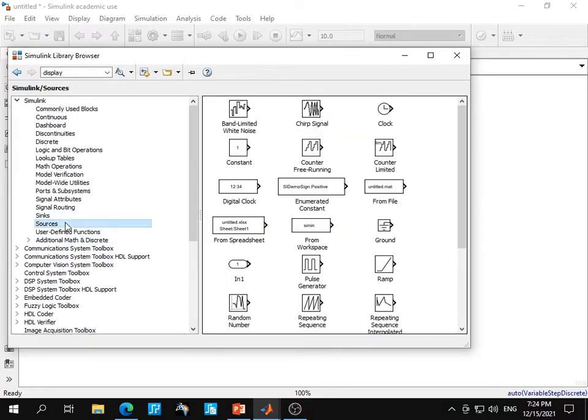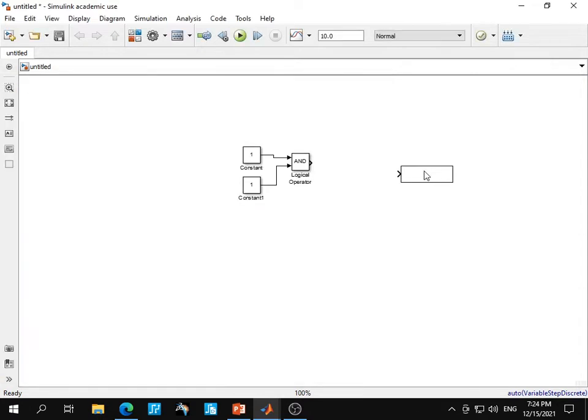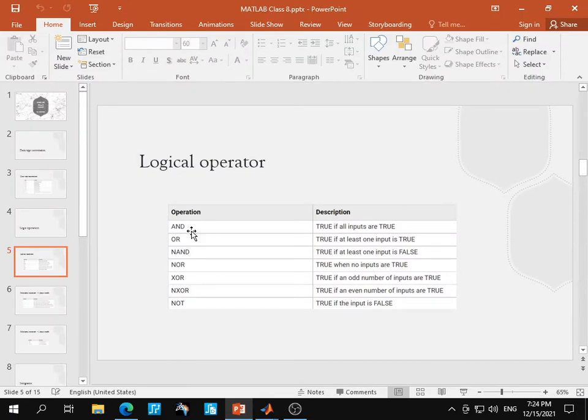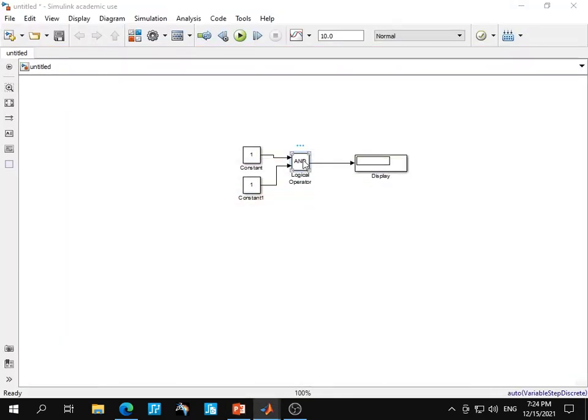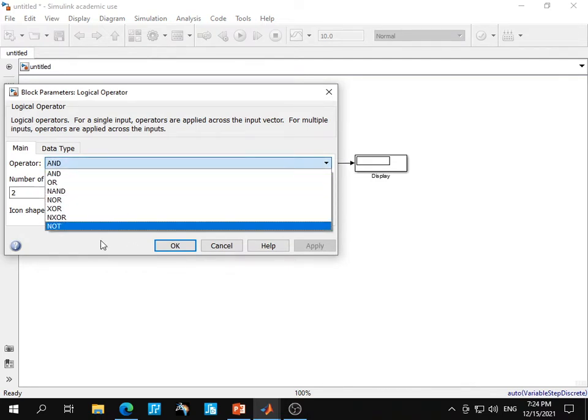And then a display. So the logical operator basically is AND, OR, and all these others.